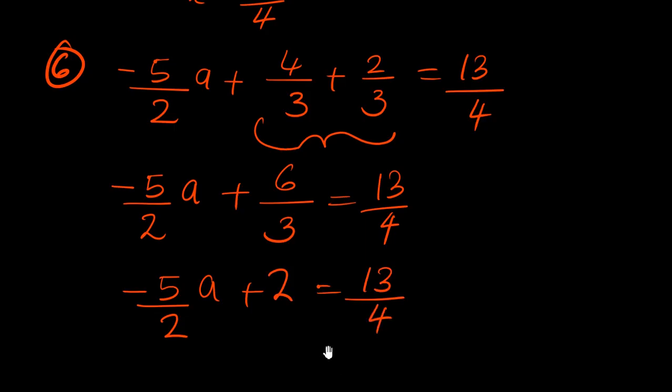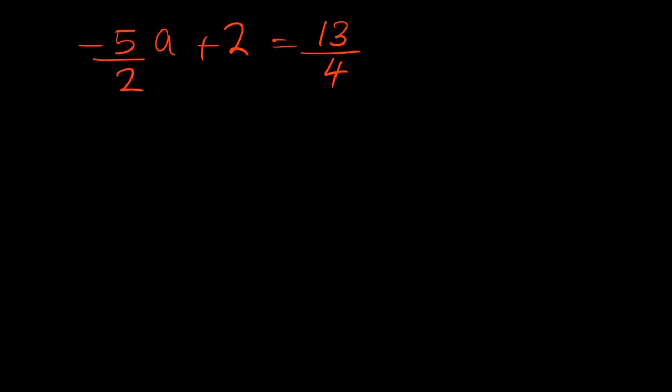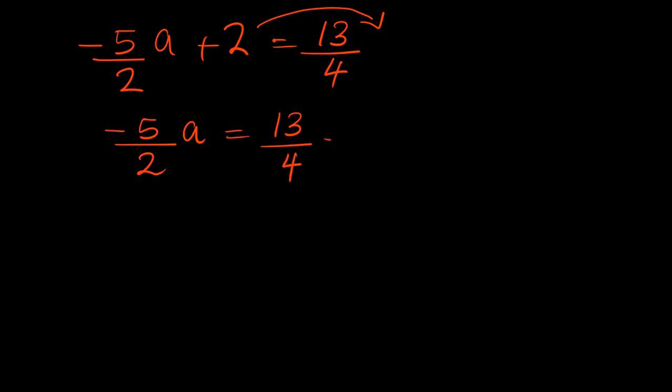Okay. Then how can we solve this equation next? We have to bring the constant term to the right side. So I have to bring this 2 to the right side. So the equation changes to negative 5 over 2a is equal to 13 over 4 minus 2. Just 2 means it's 2 over 1.